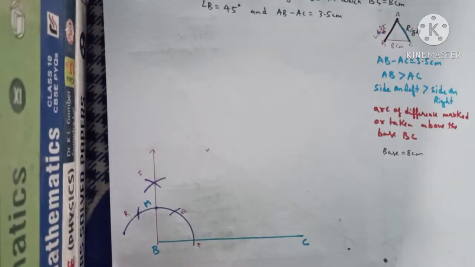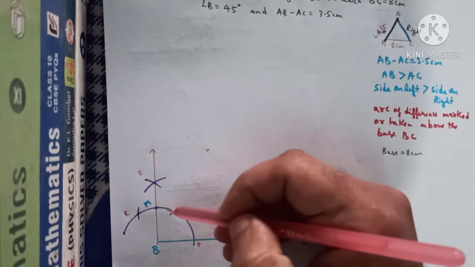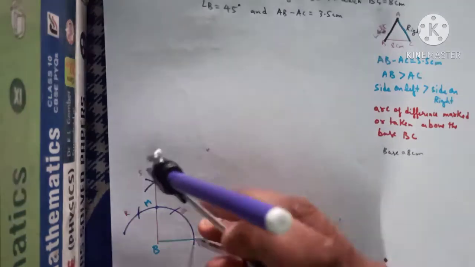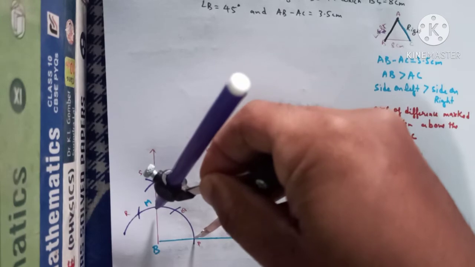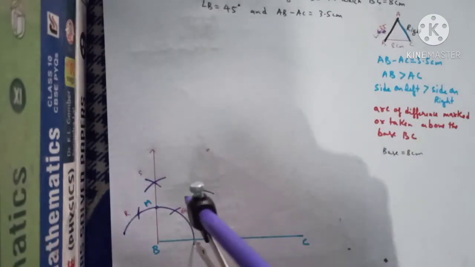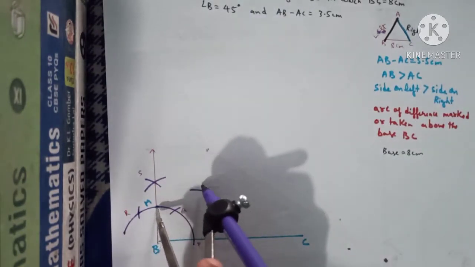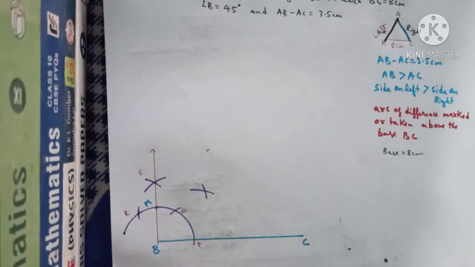Now, since we need to draw angle B 45 degrees, we will be bisecting arc MP. So again we'll take the radius more than half of PM, or we can take equal to PM also. So here I am taking equal to PM, and we will draw an arc taking center P, and with center M, radius equal to PM, draw another arc intersecting the previous arc at a point.